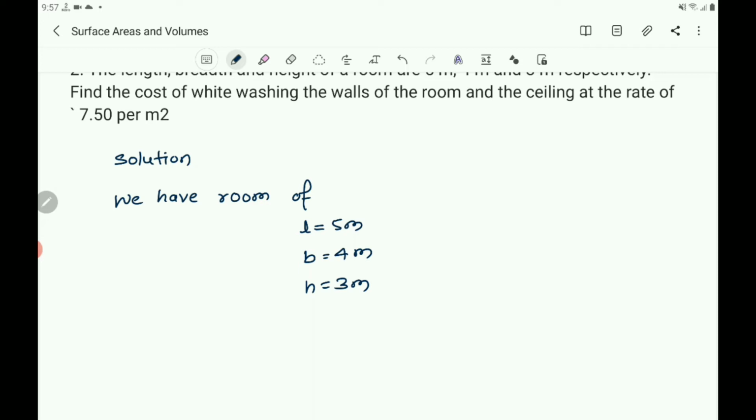Then you find the surface area of the room. Again it will be 2LB plus 2BH plus 2HL, but one floor we have to leave here. Floor is not to be whitewashed. So we write that surface area of room equals LB, that is the roof, and the 4 walls are 2BH plus 2HL.